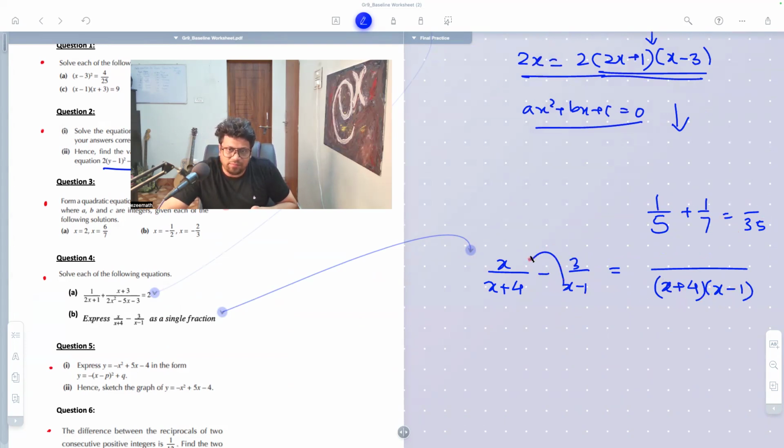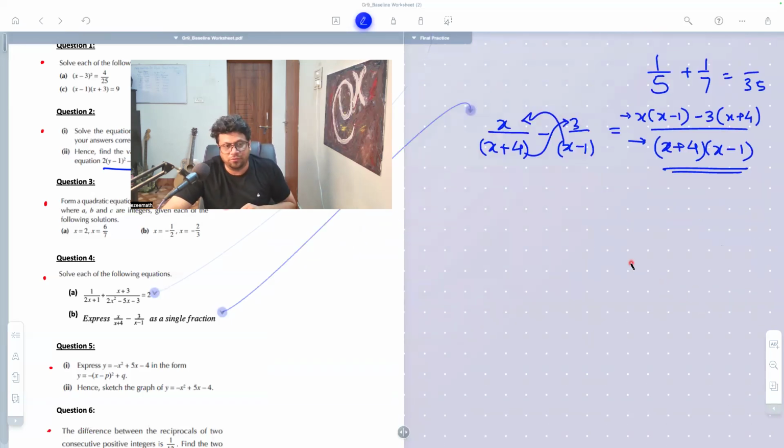Well, this multiplies with the x, this multiplies with the 3, this whole thing, and you get a x times x minus 1, negative 3 times x plus 4, and you can simplify and bring that down to a single fraction. That's for you to do later.